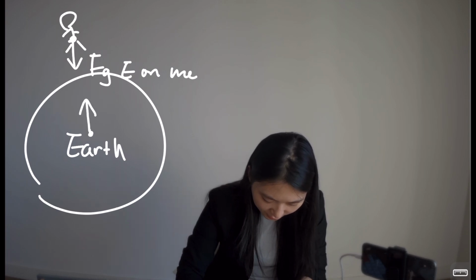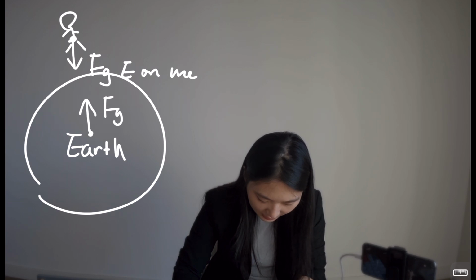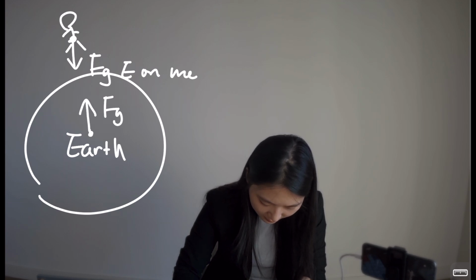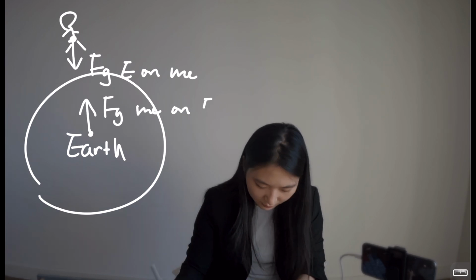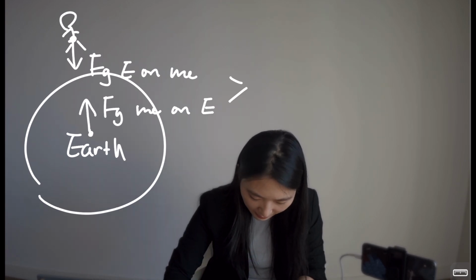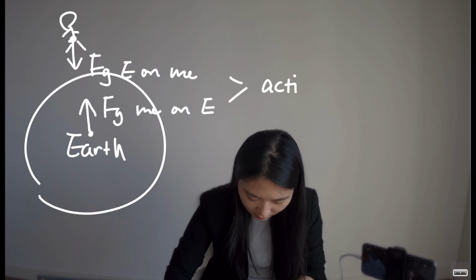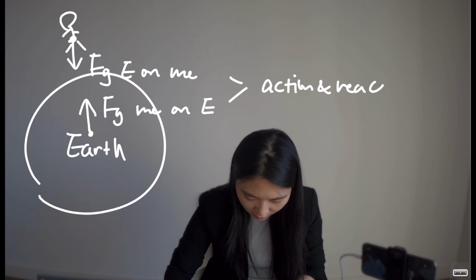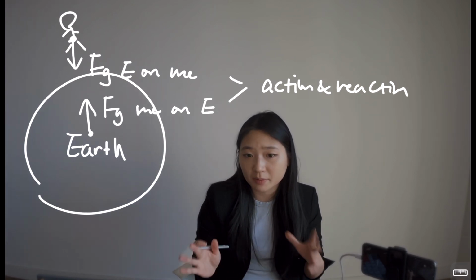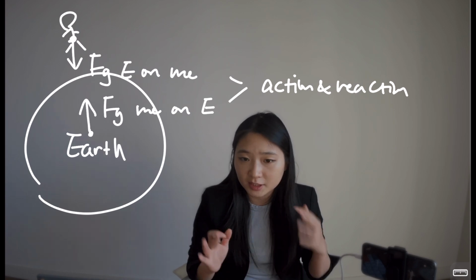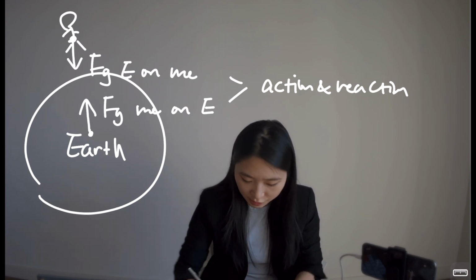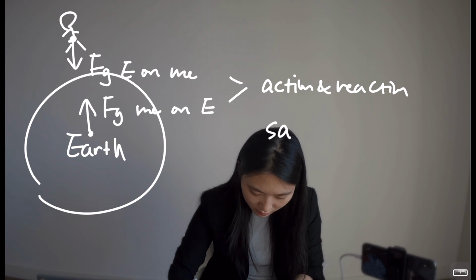This is the gravitational force applied by me on Earth. These two are a pair of action reaction. And remember, according to the properties of action reaction, these two forces have the same magnitude but opposite direction.